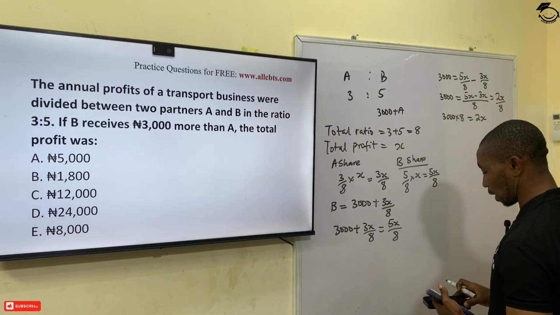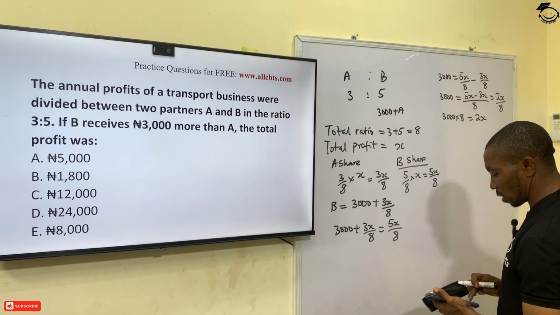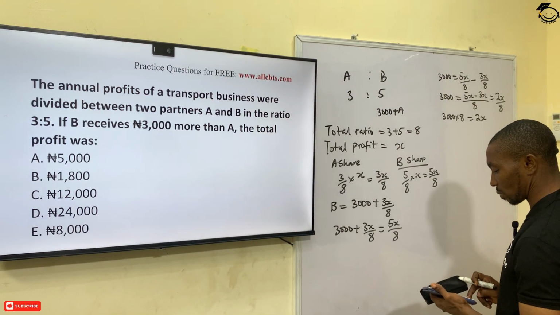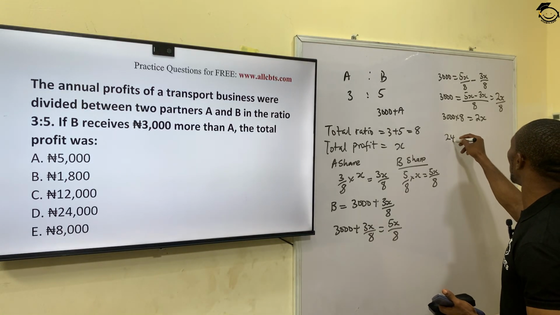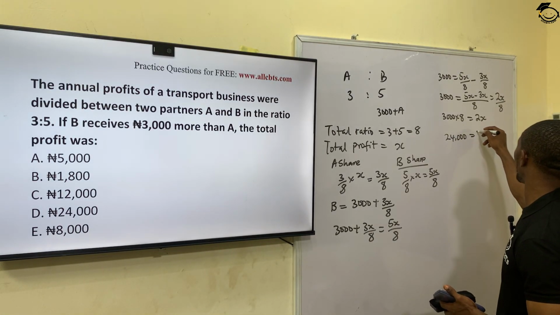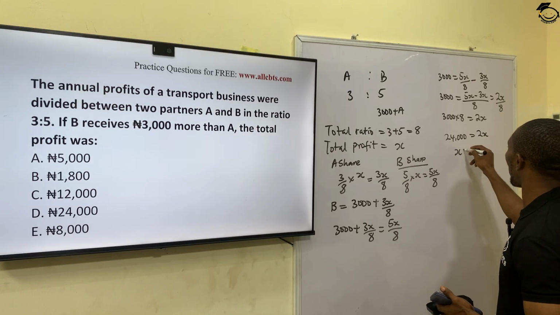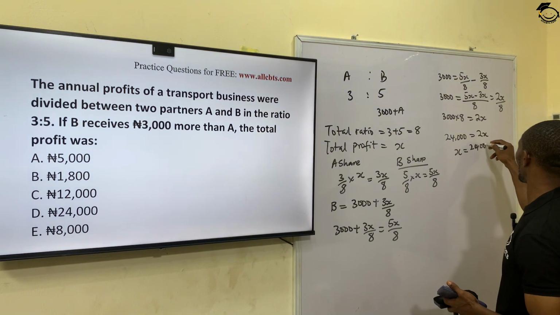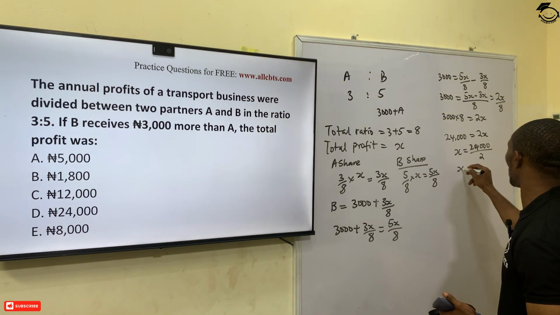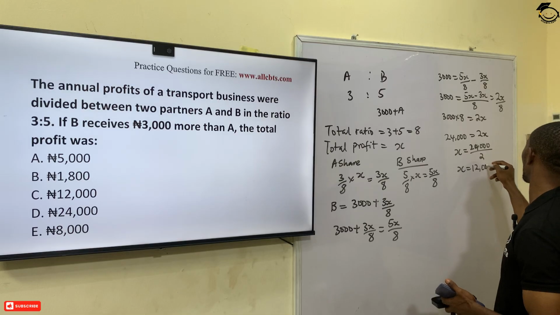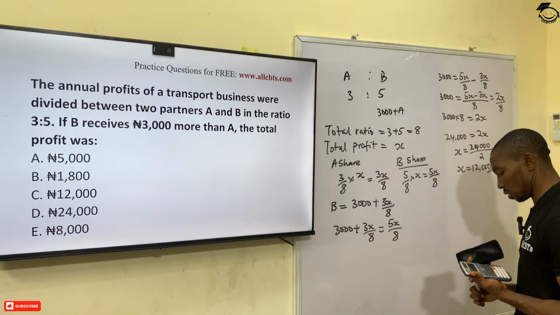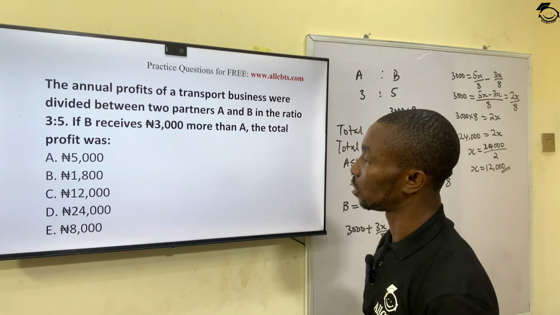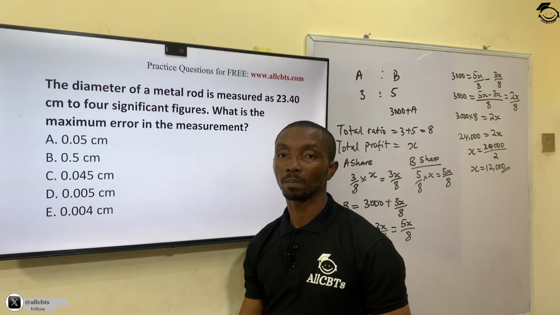So 3 times 8 gives us 24, so this becomes 24,000 equals 2x. So our x, which is our profit, becomes 24,000 divided by 2. So x will be 12,000. So 12,000 naira was shared as profit between the two partners, which is our option C.